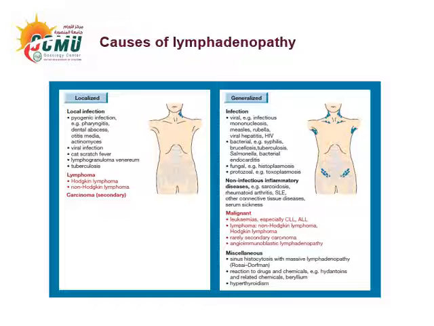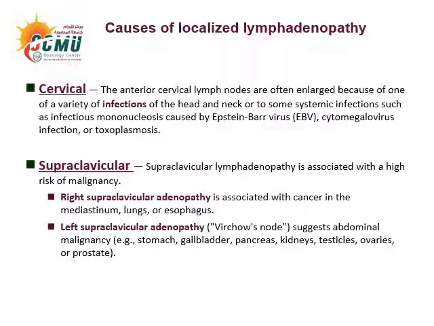A clinically useful approach is to classify lymphadenopathy as localized when it involves only one lymph node region, such as the neck or the axilla, and generalized when it involves more than one region. The location of lymphadenopathy can often be used to help identify specific etiology.